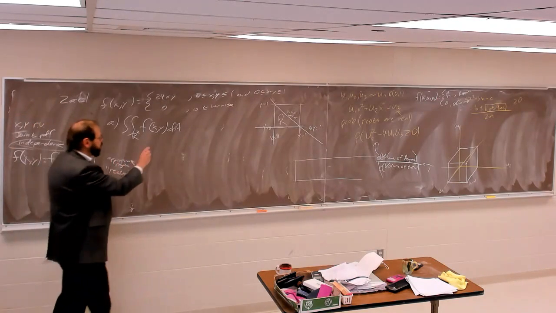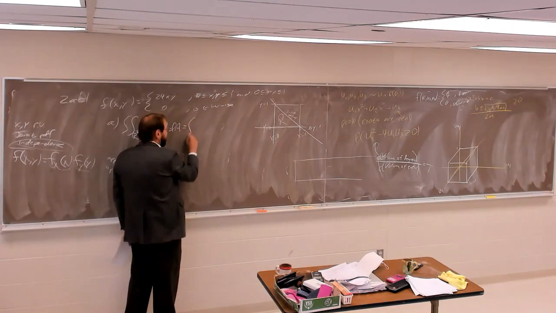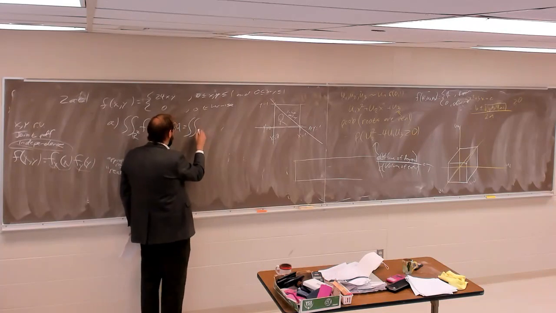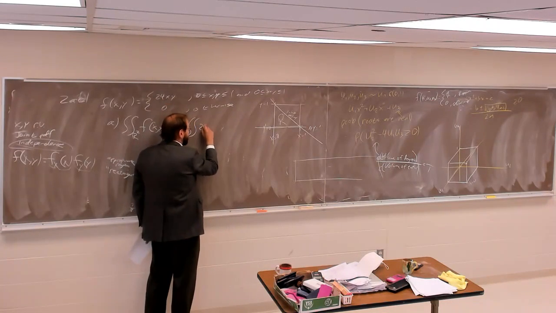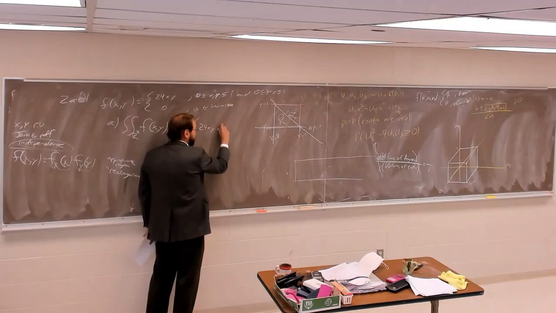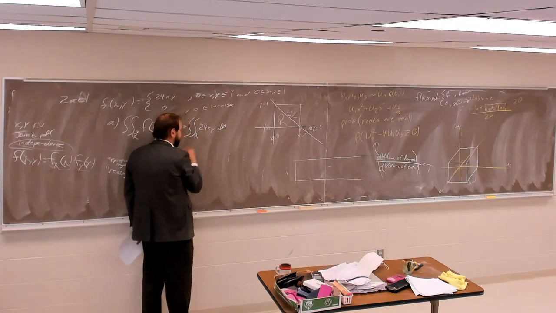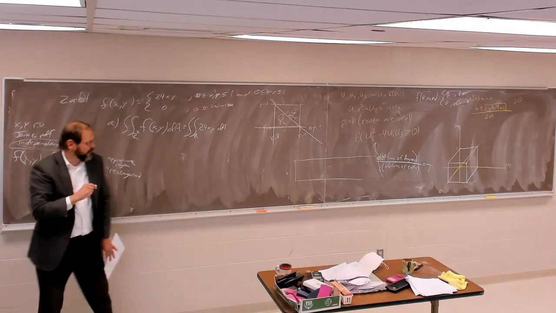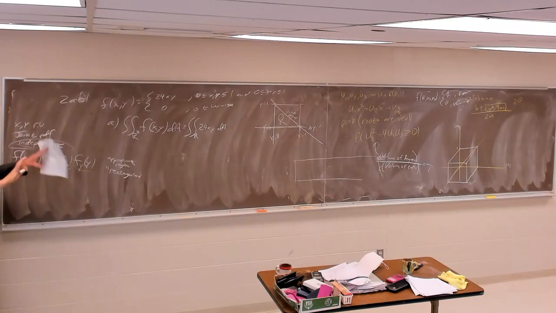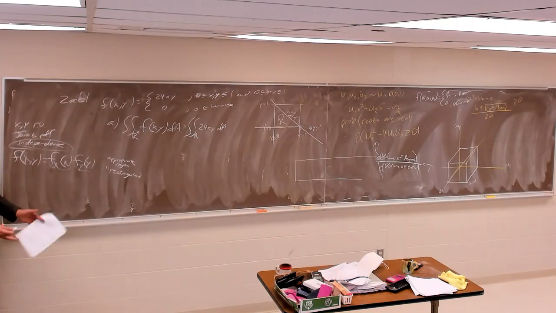Which means in this particular case, that when I integrate this function 24xy over R, that's my R for region, because outside of that region everything's 0, it's not going to give me any volume, I should get 1.